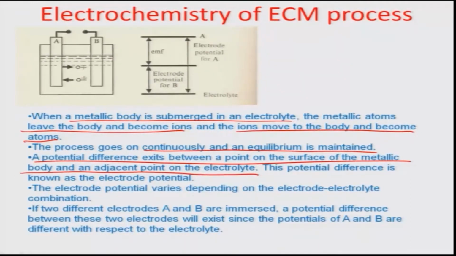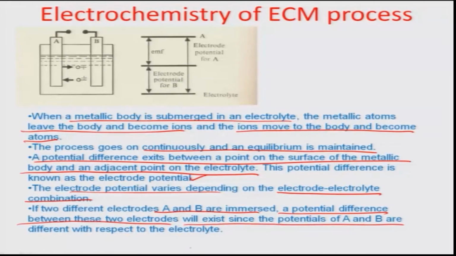This potential difference is known as the electrode potential, which is also the zeta potential, and it varies depending on the electrode-electrolyte combination. If two different electrodes A and B are immersed, a potential difference between these two electrodes will exist, since the potentials of A and B are different with respect to the electrolyte, which may result in some kind of current or voltage difference between both the electrodes A and B.